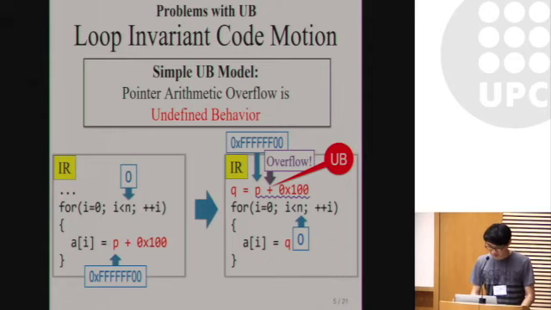This makes the optimization invalid because it transformed a well-defined program into an ill-defined program. These two examples illustrate pros and cons of undefined behavior. Undefined behavior in the source may make optimizations valid, which is a pro, while undefined behavior in the target may make optimizations invalid, which is a con. The problem here is to lift this downside of undefined behavior.